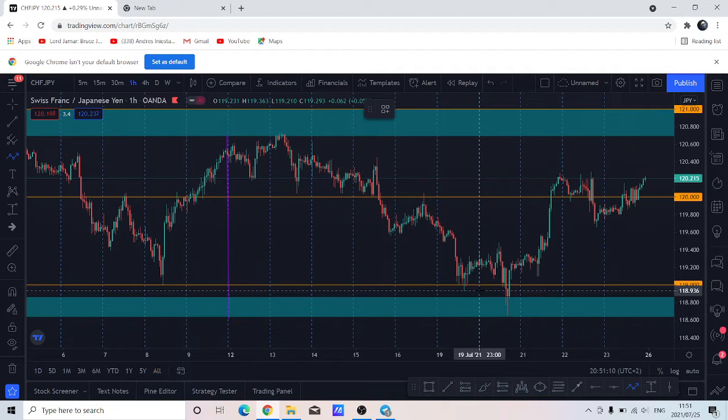Then we're going to try to combine the whole analysis from the weekly time frame, daily, H4. Then we're going to look at the round numbers that we see, and we're going to be looking for potential reversal, because I trade reversal.